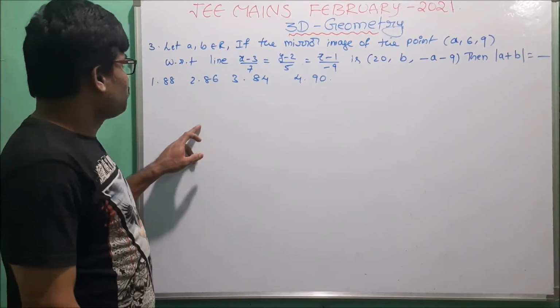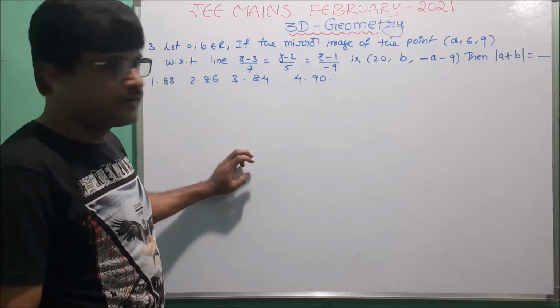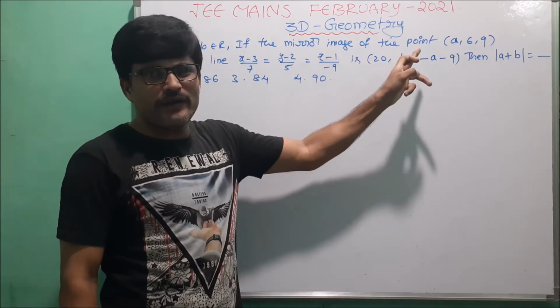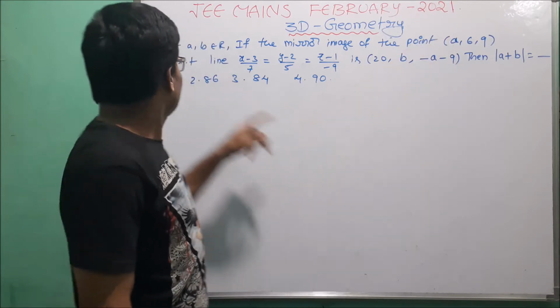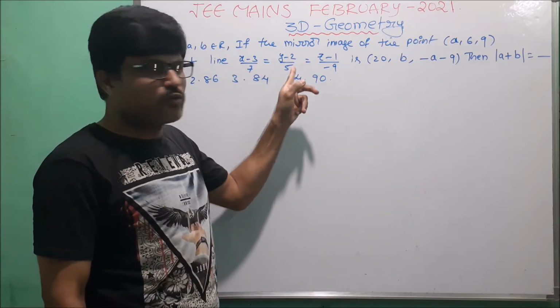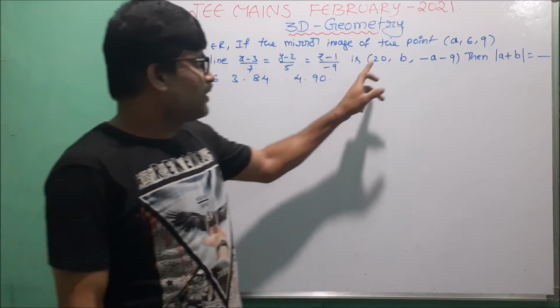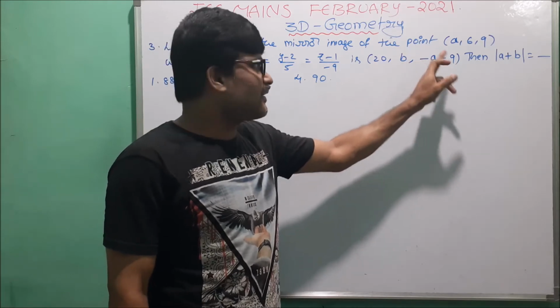Now the next problem: a, b belong to R, so a and b are real numbers. If the mirror image of the point (a, 6, 9) with respect to the line (x minus 3)/7 equal to (y minus 2)/5 equal to (z minus 1)/(minus 9) is (20, b, minus a, minus 9).